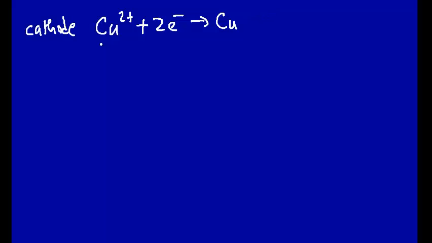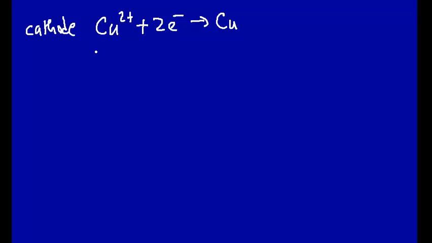Let's write down some half reactions. So copper, it said copper is going to be plated out, so we're going to have 2 electrons there. This occurs at the cathode. And then at the anode, we said that we're going to oxidize water.